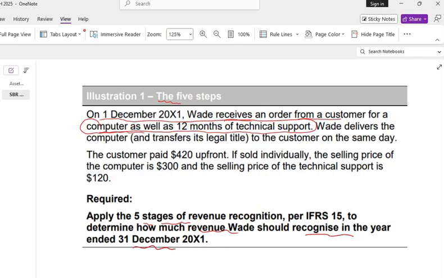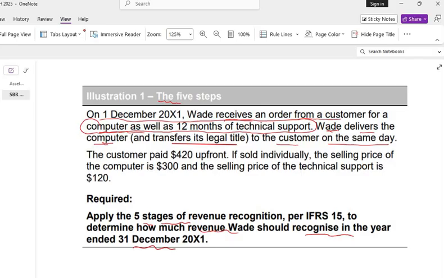So this means that a contract exists between W and the customer for the computer and technical support. Clear? Now W delivers the computer and transfers its legal title to the customer on the same date, 1st December 2001. That's the performance obligation which is performed.